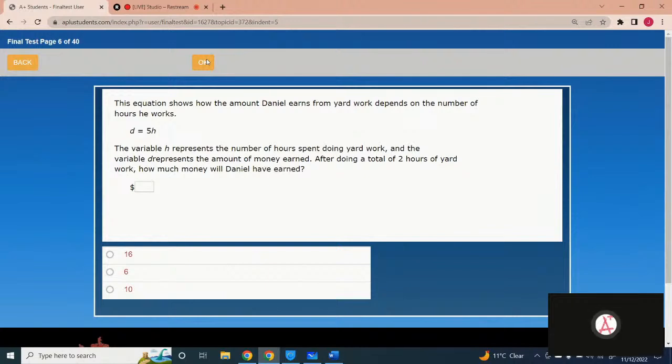D equals 5 times 2, which is 10. Very good. Just select the correct option, then click on the OK button.